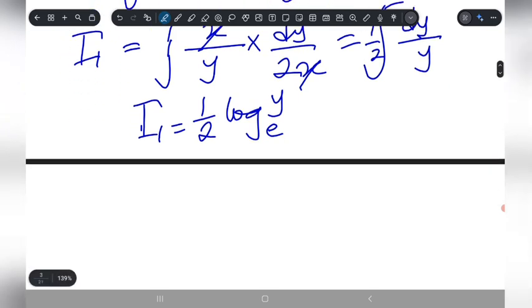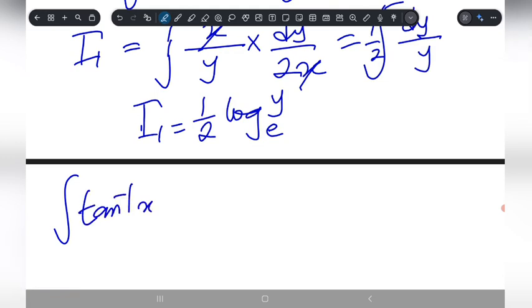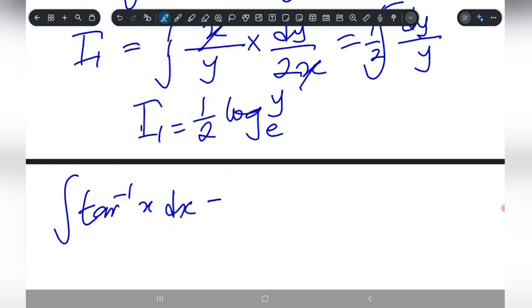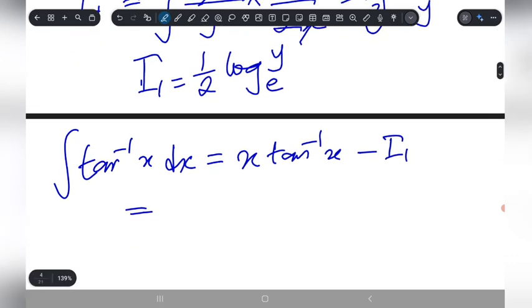Now the integral of arctan x dx gives us x arctan x minus I1, and we found I1 to be half log y base e.